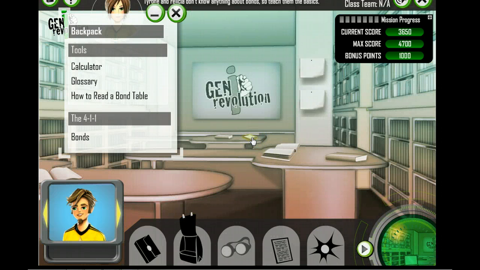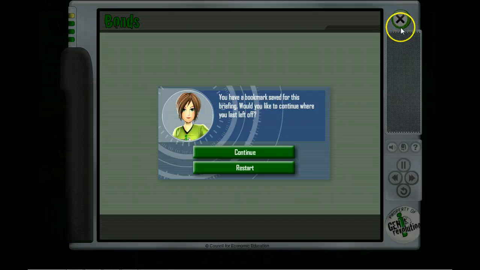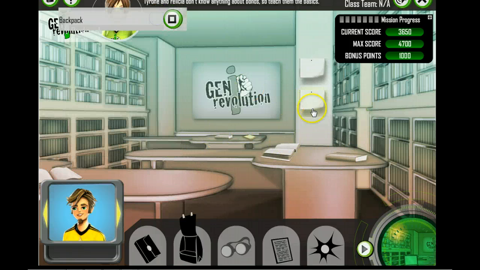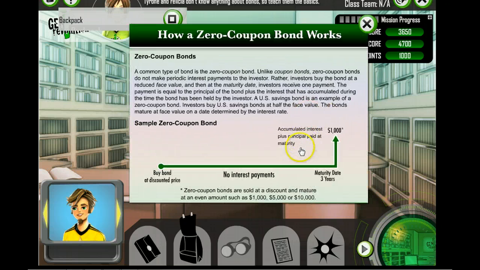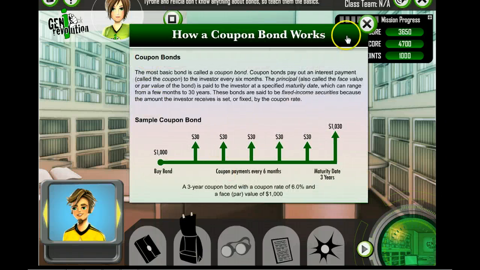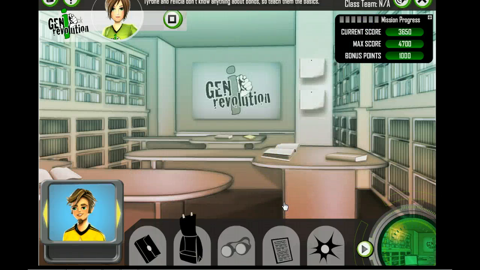That might be the 411, and I don't want that. If it is, I'm going to get out of here. You're here to brush up. I had a feeling that was going to happen. Here we go. Here's how a zero coupon bond works, so you get a review there. And here's how a coupon bond works. So there's some good information here.